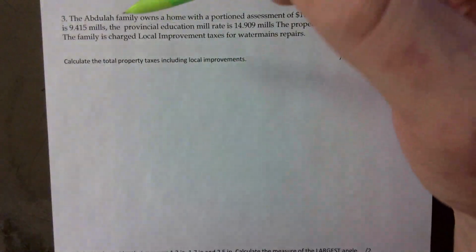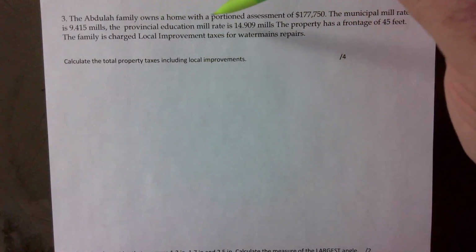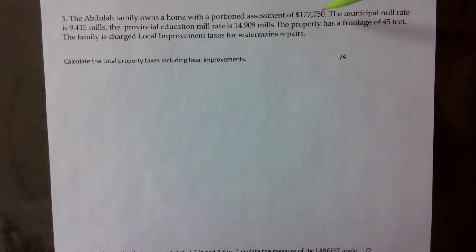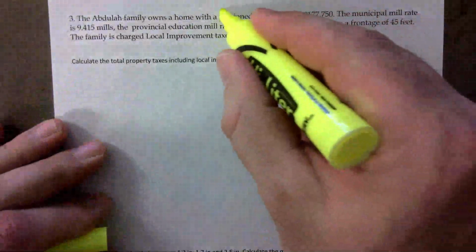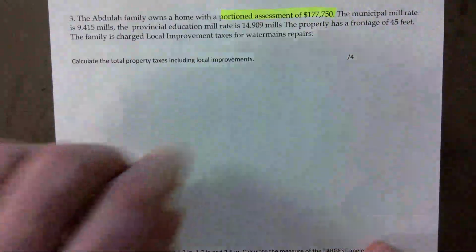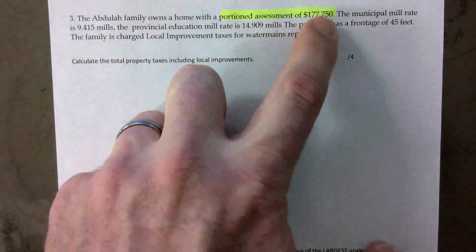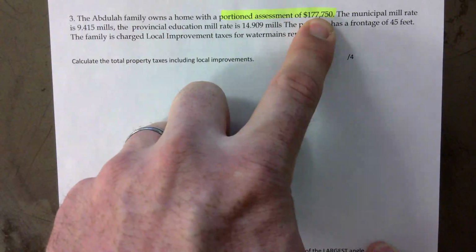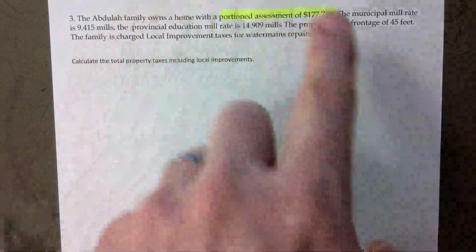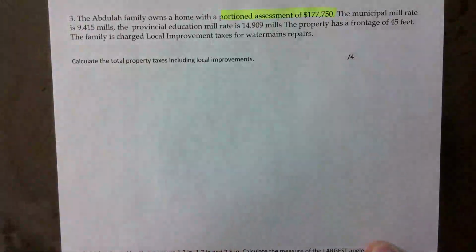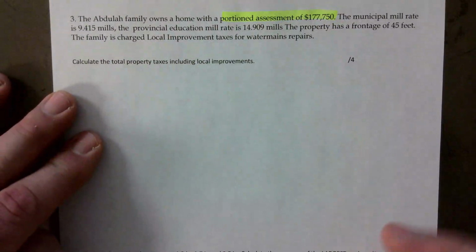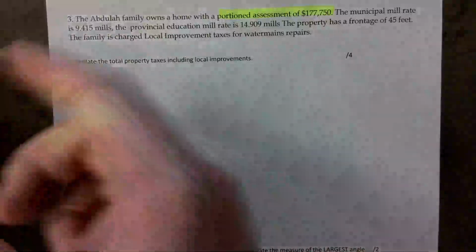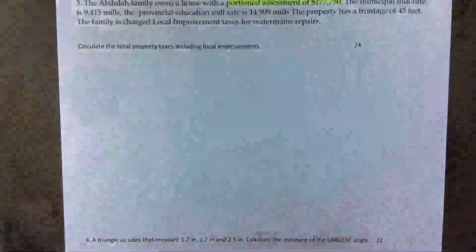But the Abdullah family owns a home with a portioned assessed value of $177,750. Okay? What does that mean? It's already the portioned assessed value, I don't need to multiply that by 0.45. And it also doesn't mention anything about that in the question, so don't do it, right? The municipal mill rate, I'm going to use a different color for that one.